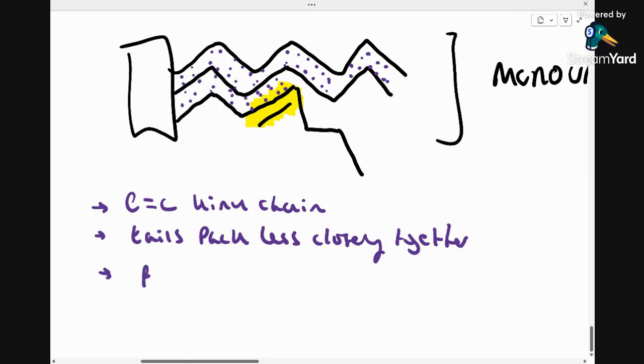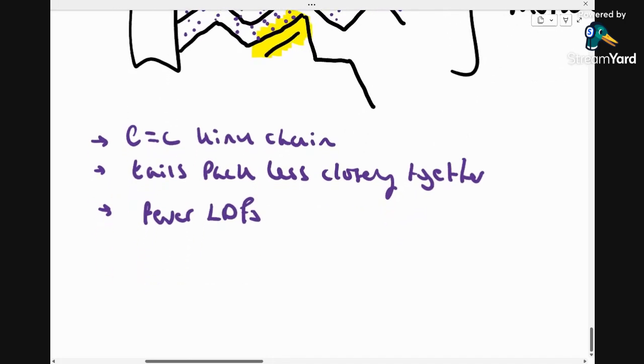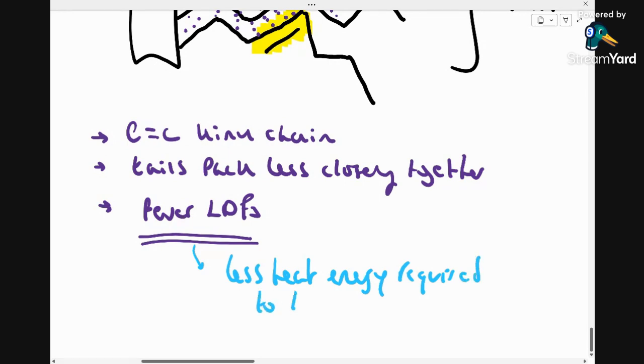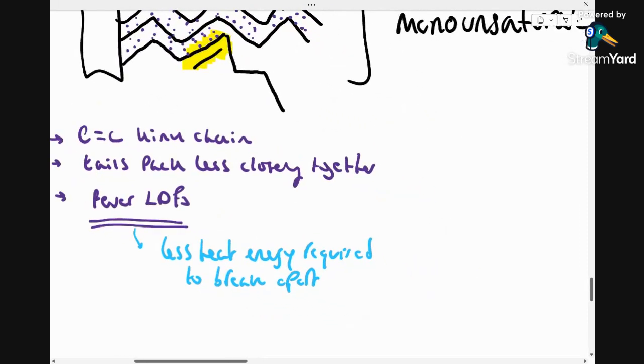That means we have fewer London dispersion forces. And if we have fewer intermolecular forces, London dispersion forces, that means the relative strength is decreased and less heat energy is required to break apart the London dispersion forces that interact between the hydrocarbon tails.